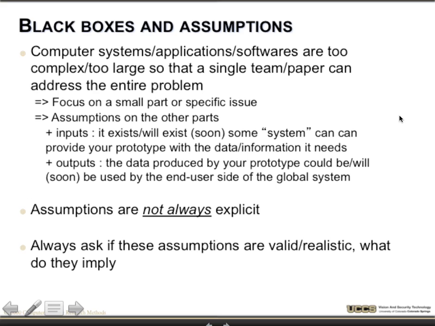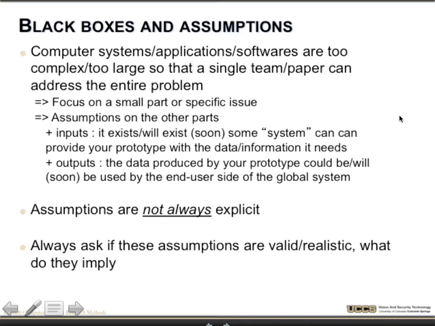So as you're reading, ask if the assumptions are valid, realistic, and what they really imply. As you're reading through a science paper that has some list of assumptions, analyze whether they are realistic, and what they imply, and then always look for implicit assumptions, things that aren't stated. As I said, most problems I find with papers are not what the authors said in the paper, it's what they didn't say they did, or what they say they didn't do.